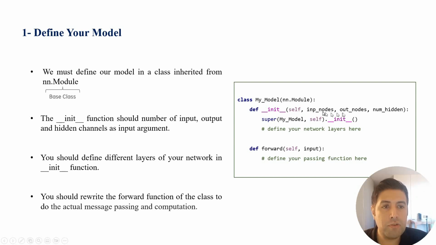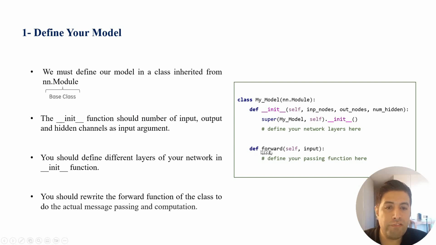And then you must use some arguments. For example, here I have defined the number of input nodes, the number of output nodes, and the number of hidden layers that I use. Or you can use other different input arguments as well. And then after that, you must initialize your super function, I mean the parent class as well.